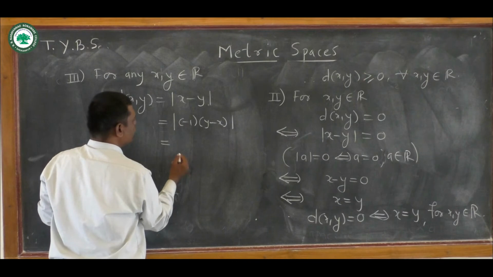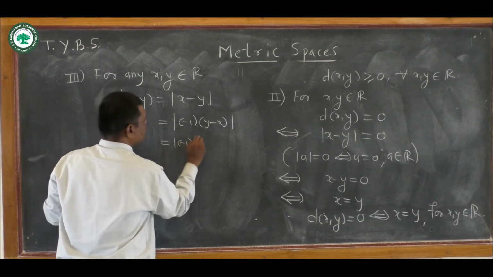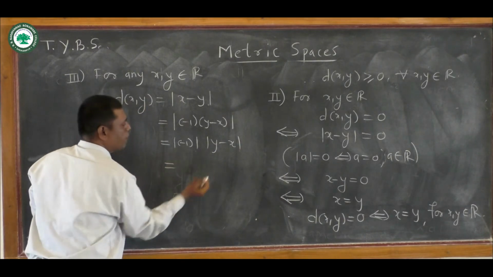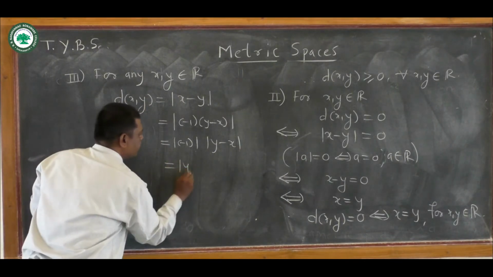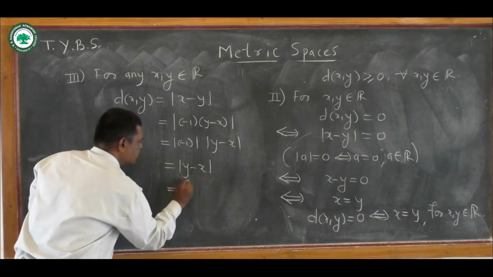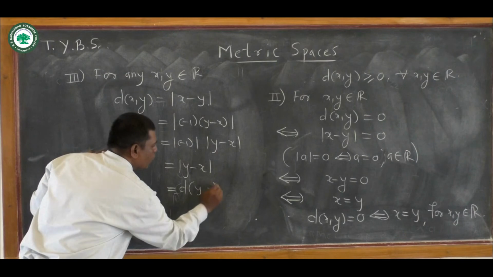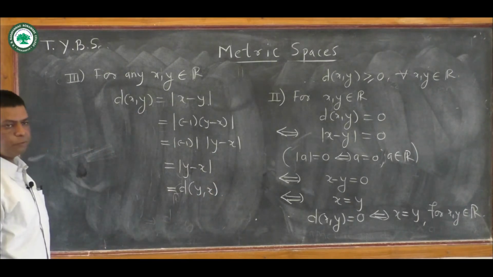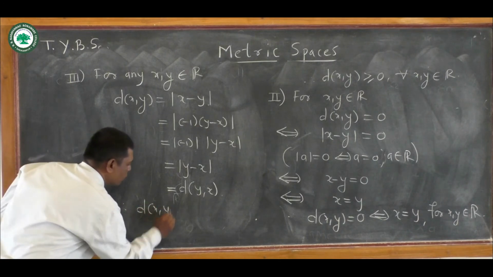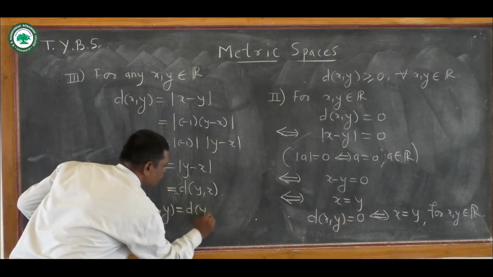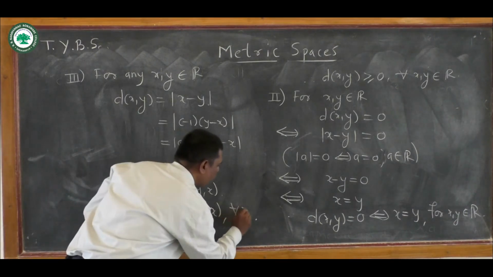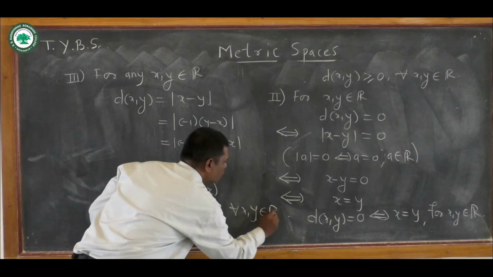Using properties of the absolute value function, this is |−1| · |Y − X|. Now |−1| is 1, so we get |Y − X|. By the definition of D, this is D(Y,X), the distance between Y and X. Therefore the distance between X and Y is equal to the distance between Y and X. Here X and Y are arbitrary, so this is true for all X and Y belonging to R.